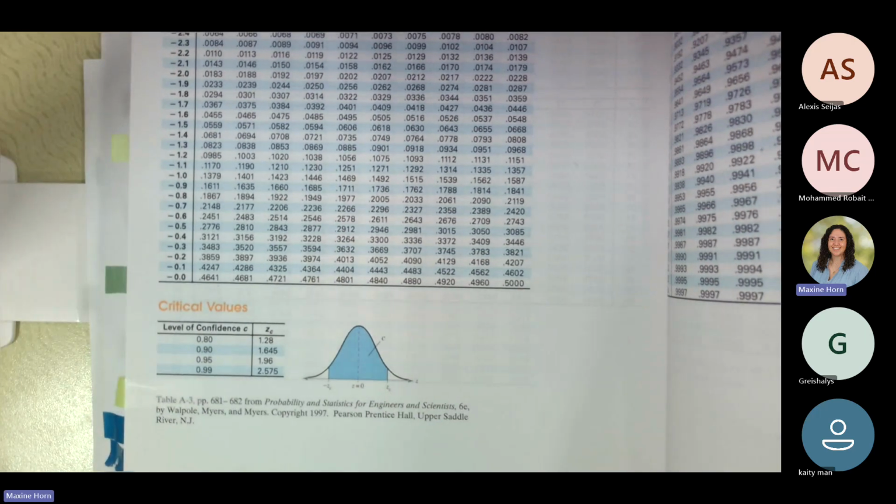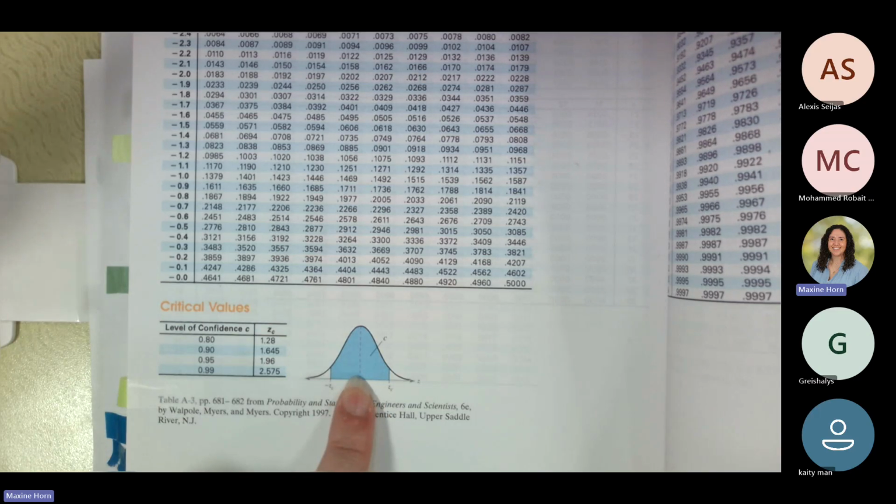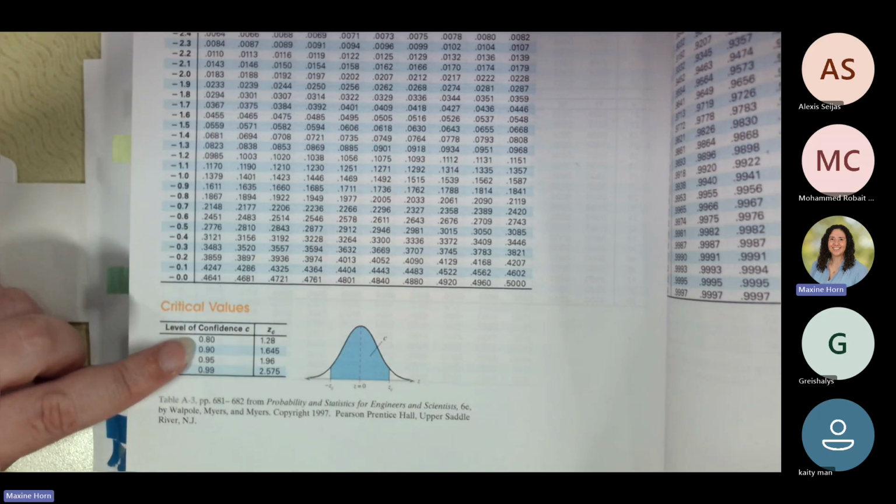But at the bottom, it has this little diagram that says critical values, level of confidence, and the Z sub C. So I mentioned earlier, you can see it as Z alpha halves, but you will also often see it as Z sub C for critical value. And also you can see here that this is the area in the middle. So it gives some very common levels of confidence, 80%, 90%, 95, and 99%.